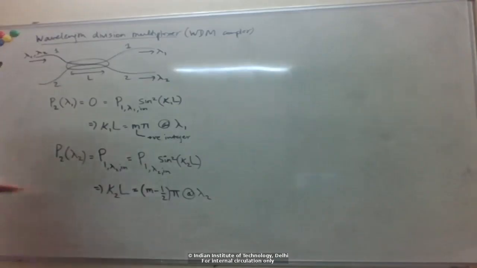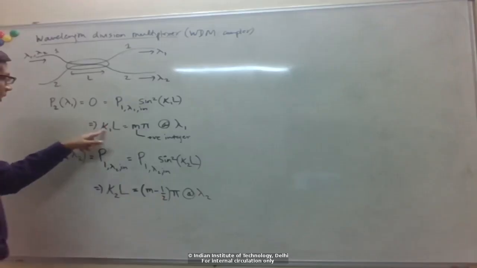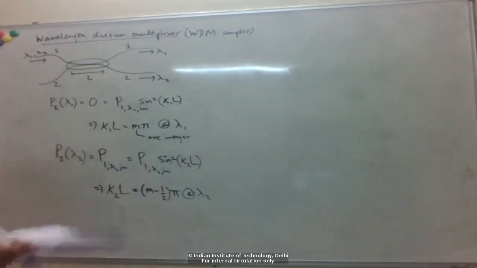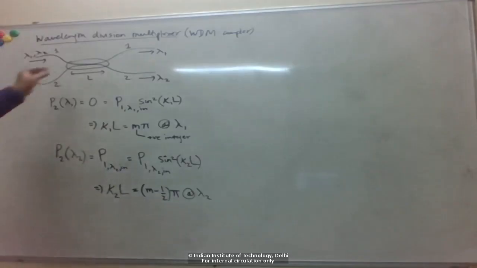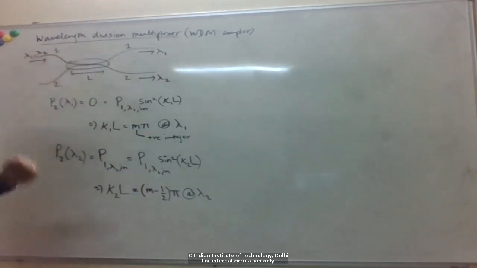Last time we saw how we could calculate or estimate these coupling coefficients, given some V number, the distance between the cores, and the parameters of the fiber. So let's say for some application we want to separate some wavelengths.